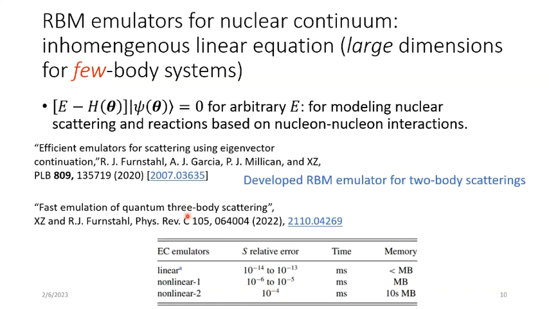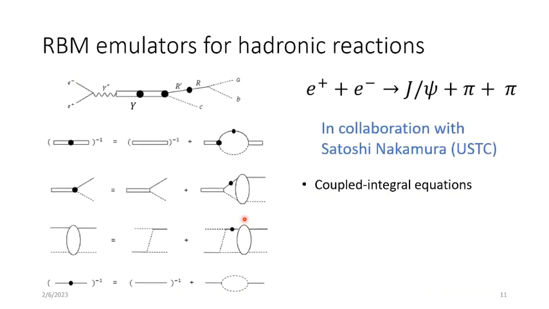The typical realistic 3-nucleon scattering is normally performed on big clusters, on the order of 1,000 seconds, for hours. That was for few-body continuum physics, and I think it's also relevant for hadronic reactions. I'm collaborating with one of the experts in the field.